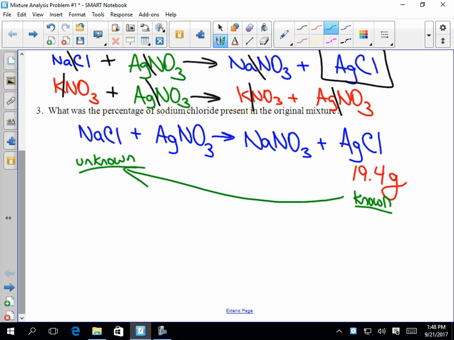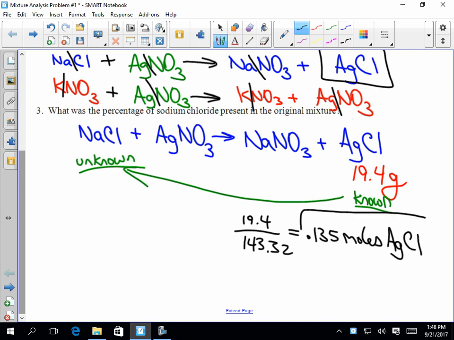Here's what we're after. Let's get that into moles. And I want to give you plenty of time to work on the other problems. So we got 19.4, and I went with decimals on my formula weights. You wouldn't have to, but I'm going to copy it anyway. That's equal to 0.135 moles of AgCl.